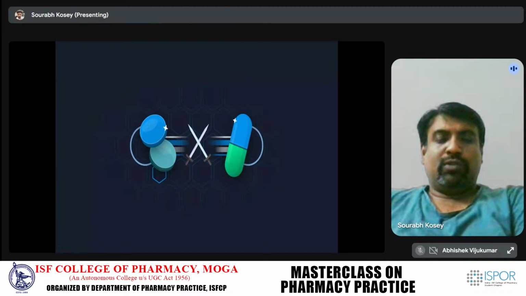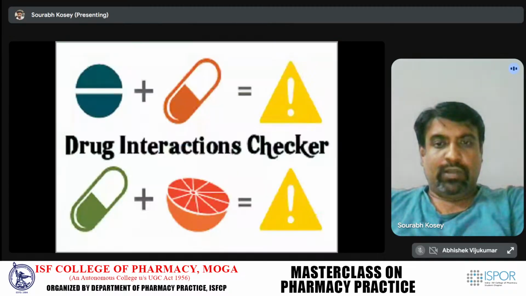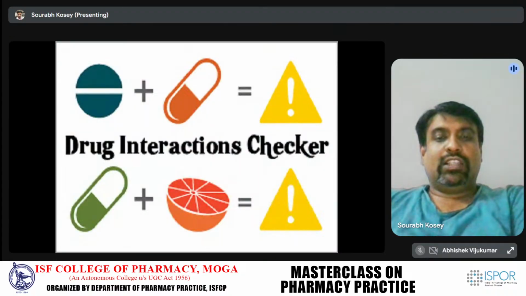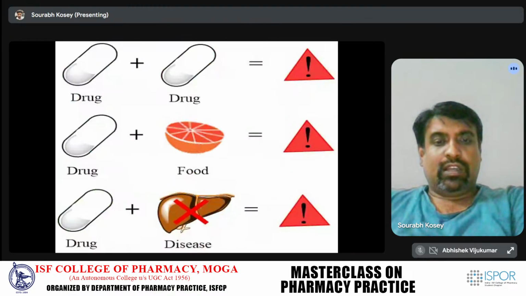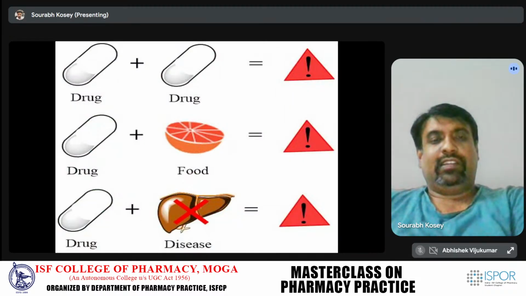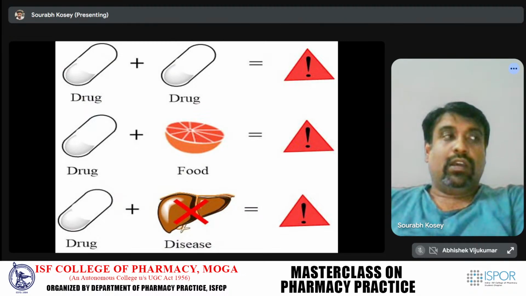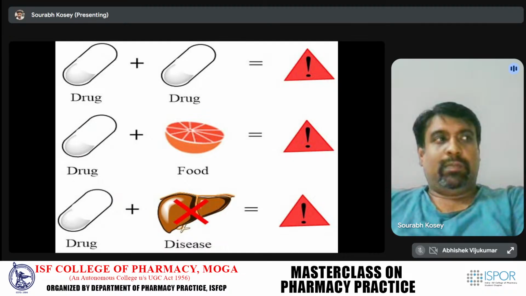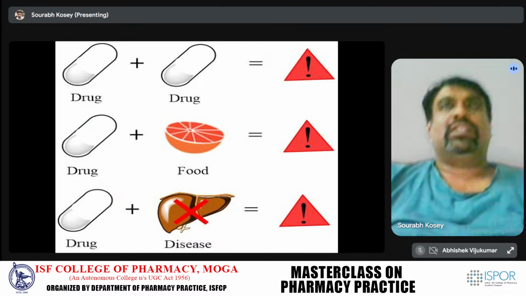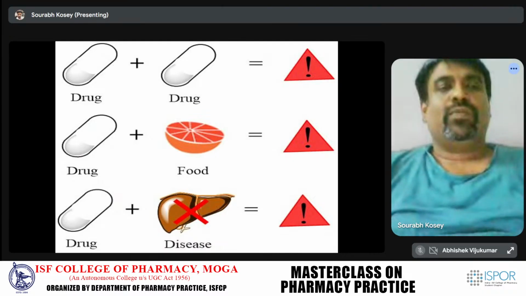Combinations which should not be given together need to be identified. Online drug interaction checkers or Stockley's Drug Interactions are available as reference compendia. Drug-drug, drug-food, or drug-disease combinations are to be avoided in certain circumstances or conditions.